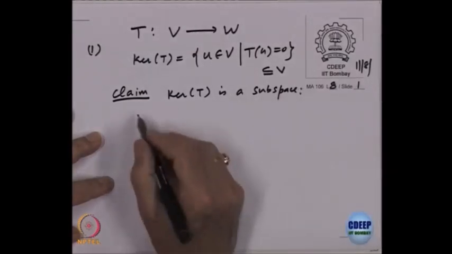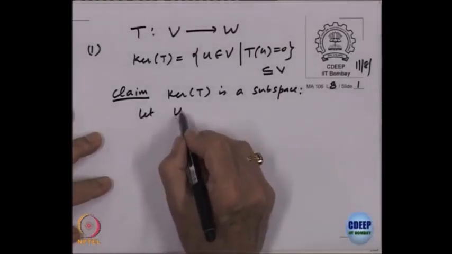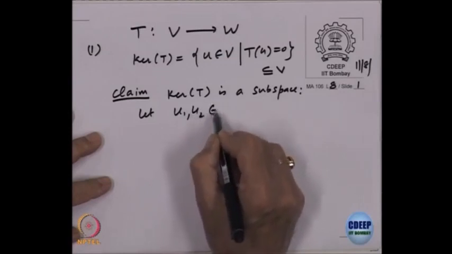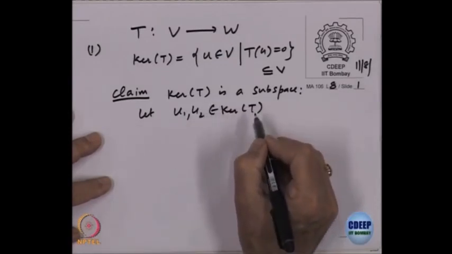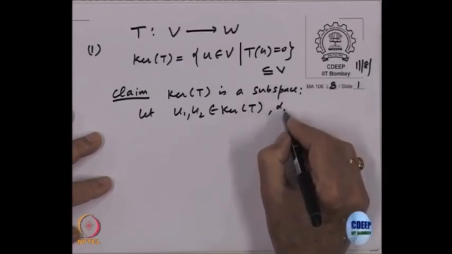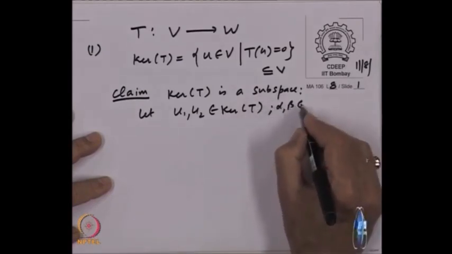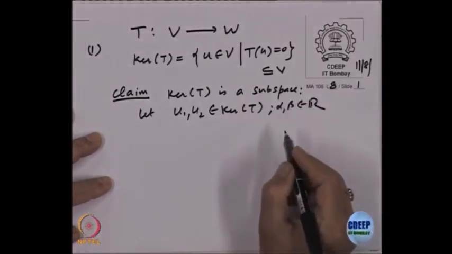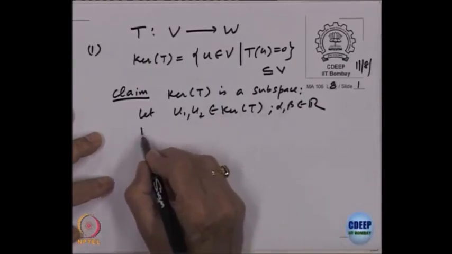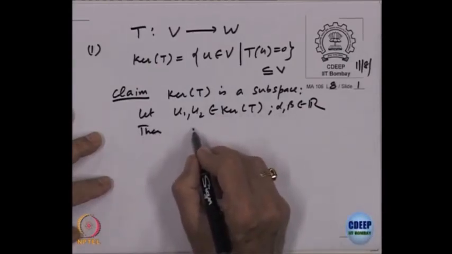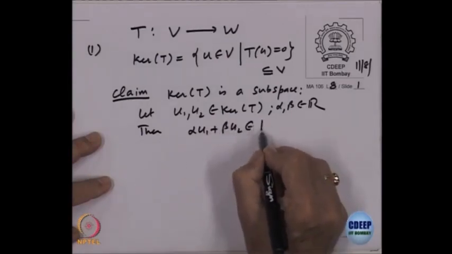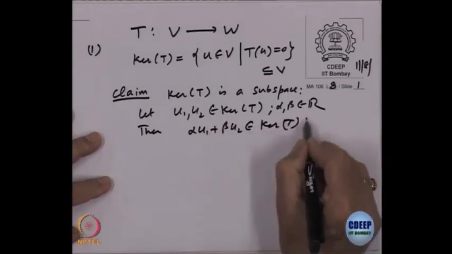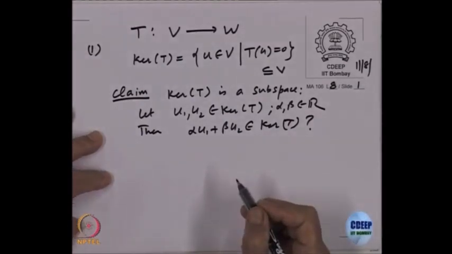To prove this, let u1, u2 belong to the kernel of T, take two elements, and take scalars alpha and beta, take a linear combination. Then alpha u1 plus beta u2 should belong to the kernel of T. That is what we have to show, right.